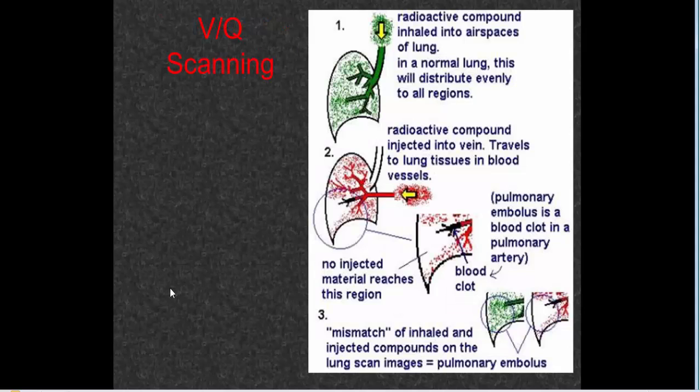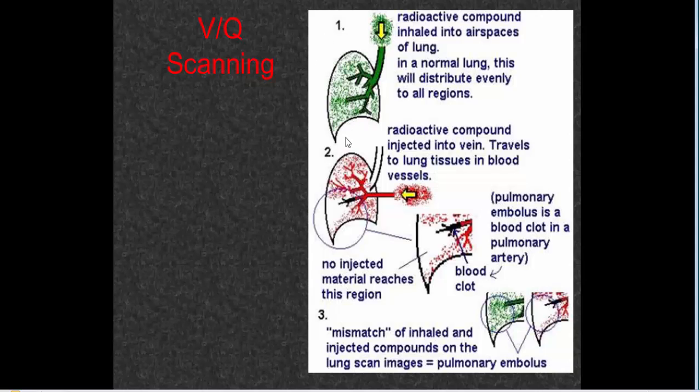The first imaging modality we talk about is ventilation perfusion scanning. What is the mechanism, what is the idea of ventilation perfusion scanning? We inject a radioactive compound in two ways, by inhalation and intravenously. The compound inhaled into the air spaces of the lung distributes evenly to all regions in a normal lung.